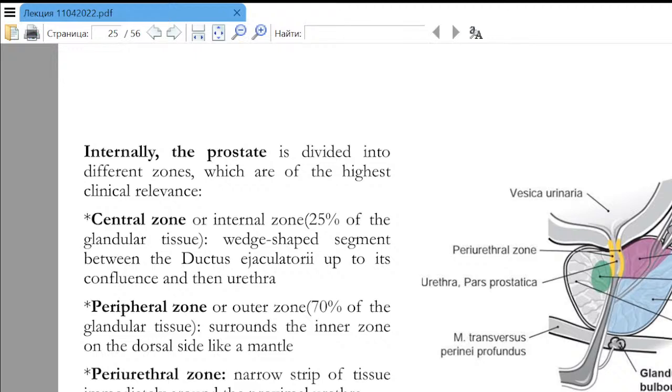This is the anterior zone, the gland-free zone. This is the posterior aspect, this is the anterior aspect. This is the glandula bulbourethralis.